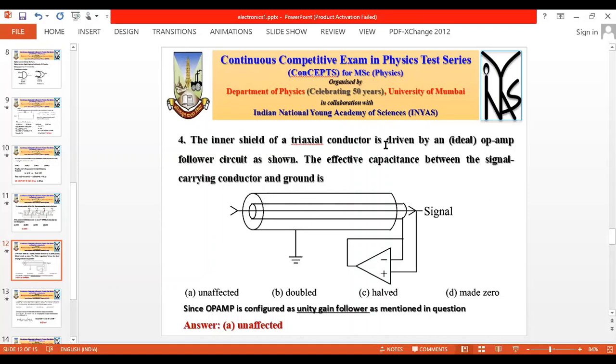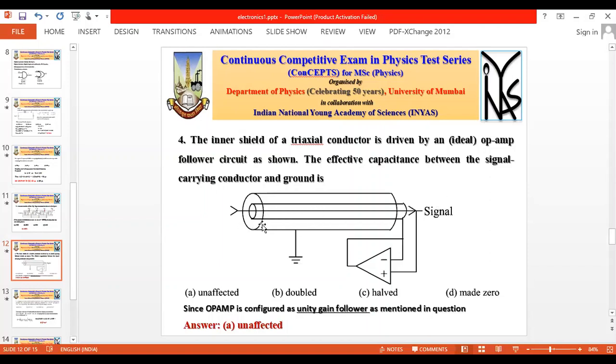This is a triaxial conductor driven by an ideal op-amp follower circuit. The effective capacitance between a signal carrying conductor and the ground. Then you may need some other parameters, like how much frequency is being passed through that, and then we have to do the calculation, right? So the parameters which are given are limited only.